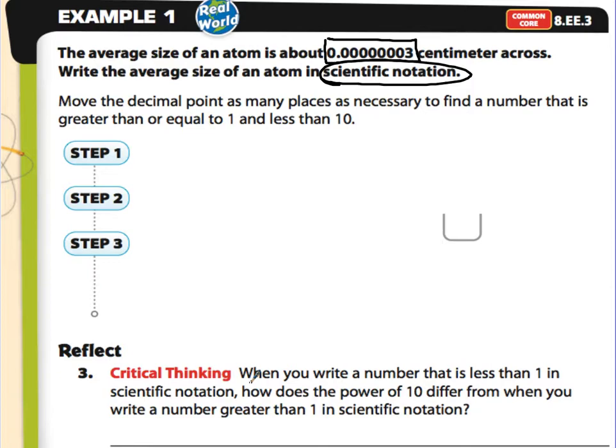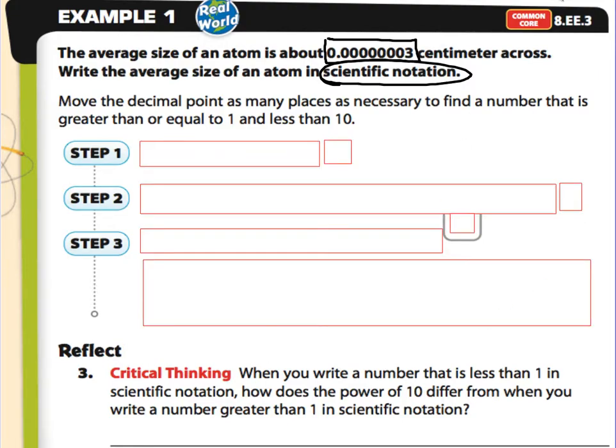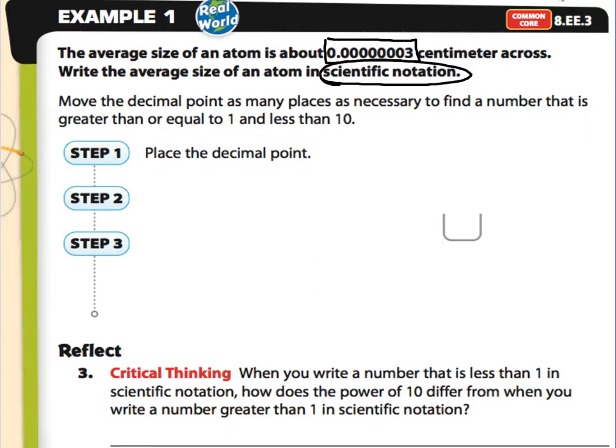So step 1, we are going to move the decimal point as many places as necessary to find a number between 1 and 10. First we're going to place the decimal point. Once we place the decimal point, we get 3 with the decimal in front of it.